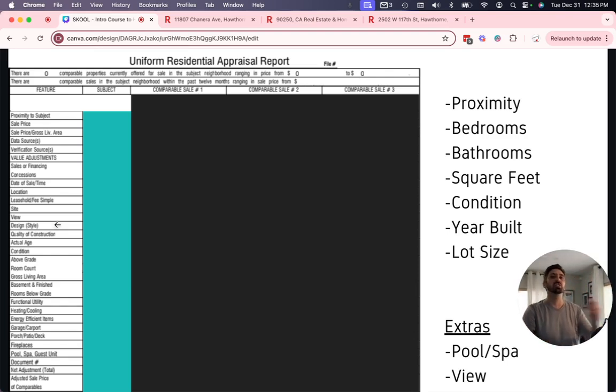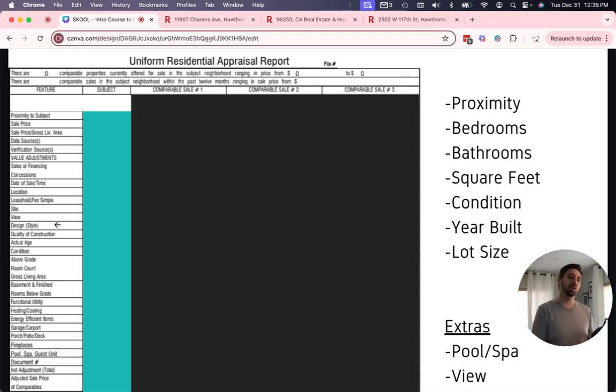Whatever it is, they're going to adjust that price down, and they're going to get to that bottom line number of the adjusted sales price for that comparable, to see if that home that's actually a 4-bed, 3-bath with 2,000 square feet was, in fact, a 3-bed, 2-bath with 1,200 square feet. Would it be around the same $800,000 mark? And that's how that all works.